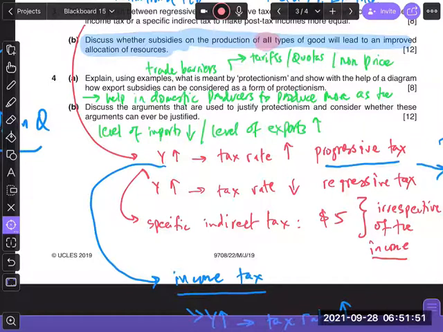Now, what are the counter arguments to it? If you look at the notes, we've given counter arguments as we moved along. For example, when it comes to the infant industry argument, you are looking at potential comparative advantage. However, if you end up with industries that do not have a potential comparative advantage, then you are making domestic consumers suffer.